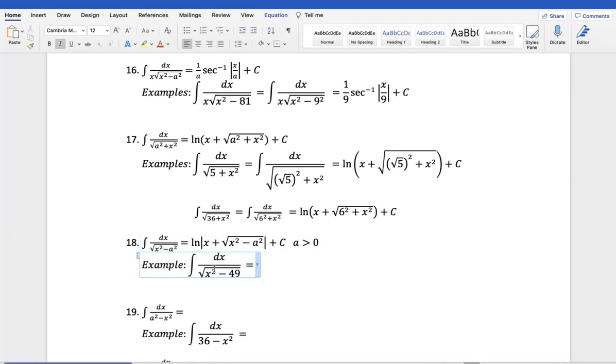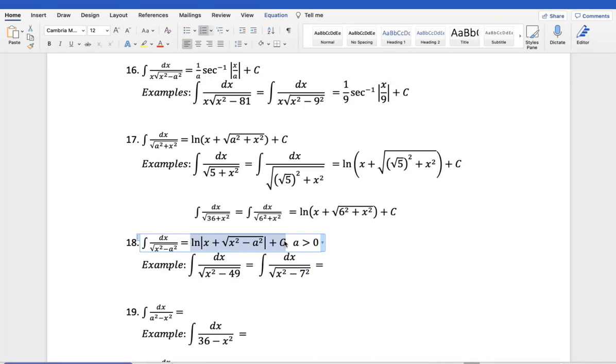And if we apply this to our example, we have the integral of dx over the square root of x squared minus 49. We quickly note that 49 is just 7 squared. So we have the integral of dx over the square root of x squared minus 7 squared.